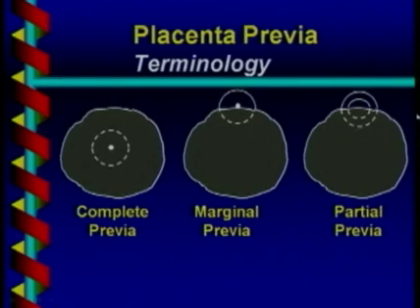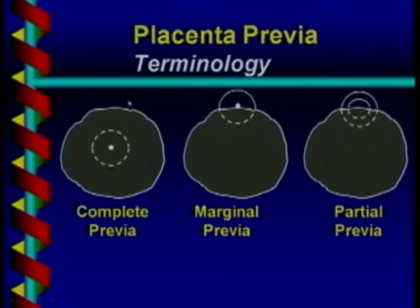If you take the view of the placenta and the cervix the way the fetus might look at it, looking from the inside, especially if the fetus had X-ray vision to look through the placenta at the cervix, if the placenta covers all or part of the cervix. The image on the left shows what would be a complete previa.